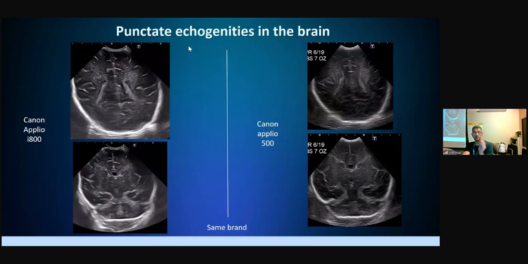And another normal appearance is punctate echogenicities in the brain. I see sometimes commonly overcalled. We got the Canon I800 and we started calling everything calcification afterwards. And this is our older ultrasound unit. Well, this patient I scanned with the old one too.